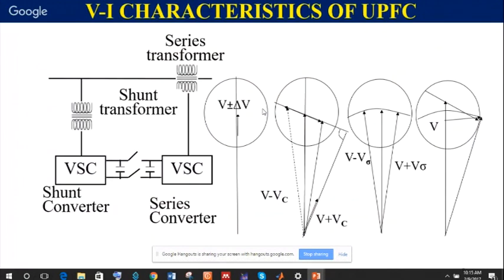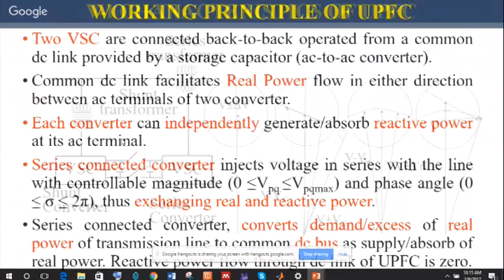That means when the capacitors are connected by the switch, real power can be transmitted between the two converters. So suppose AC power is converted to DC by the converter, it can again be converted by inverter action and supplied to the line.